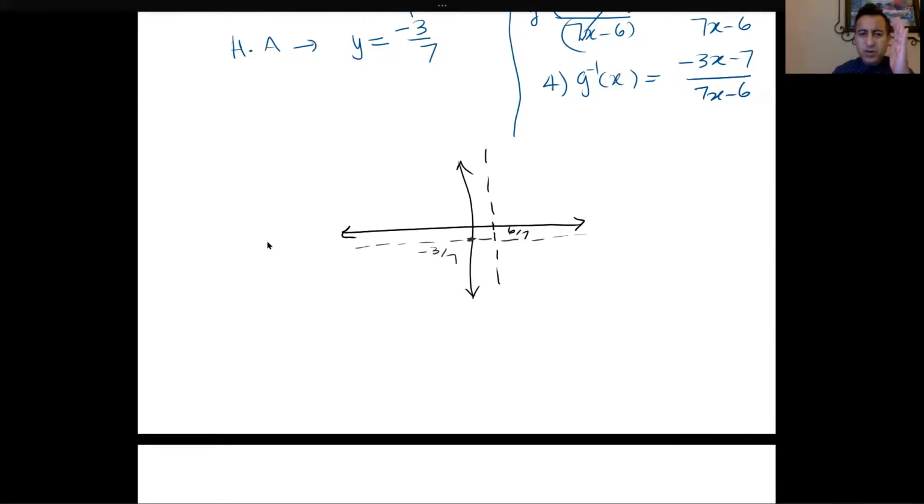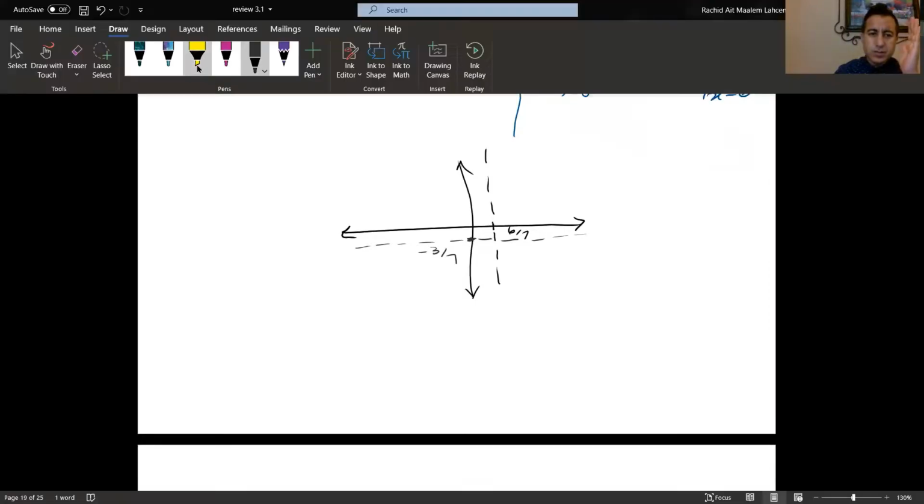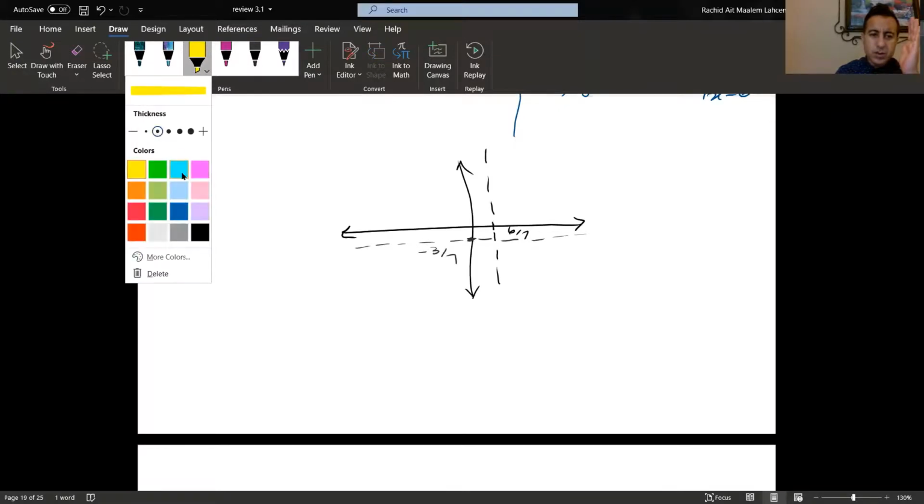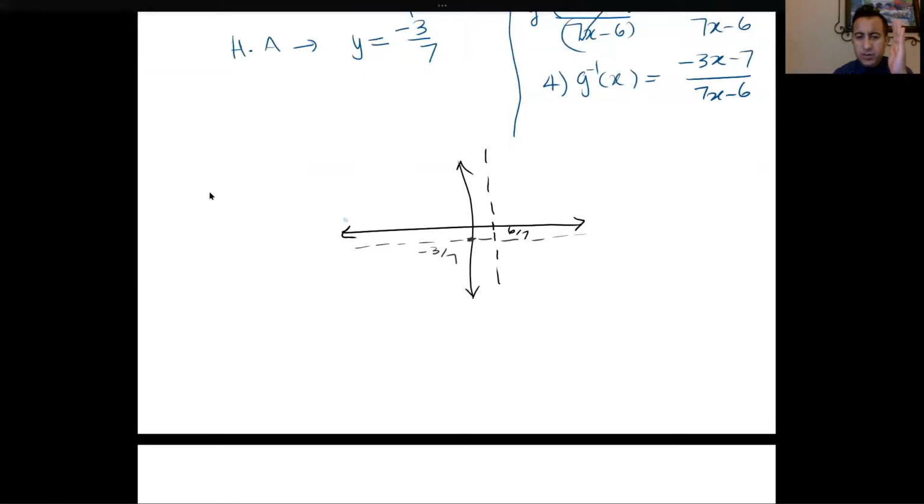So the domain of the function, or maybe we can show it this way. Because we're looking at x from negative infinity to positive infinity, the graph will go from negative infinity to 6/7. Then it will have to disconnect there and start here.